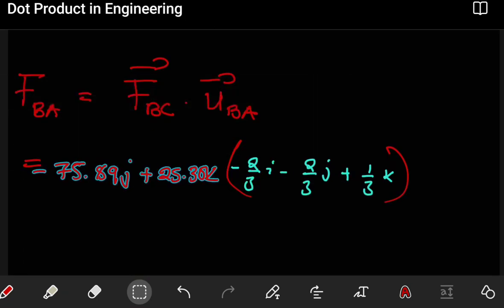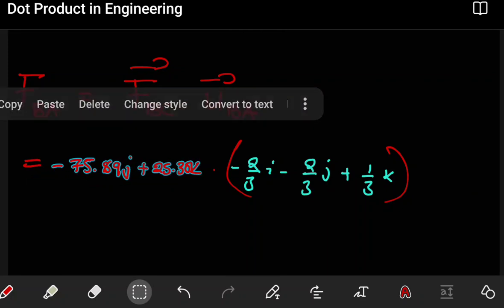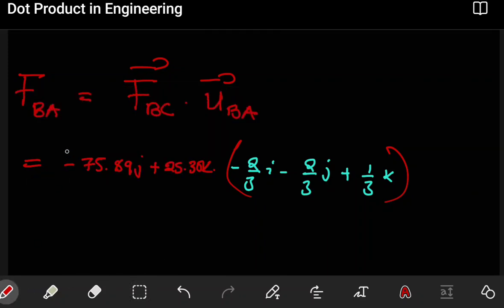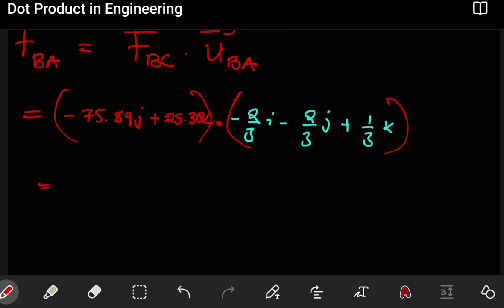Okay, this is what we have. This is the dot product we're evaluating. Again, like for like: in the I direction, the x component is minus 2 over 3 from the unit vector, but from the force itself, the x component is 0. So the first part is just going to be a 0.